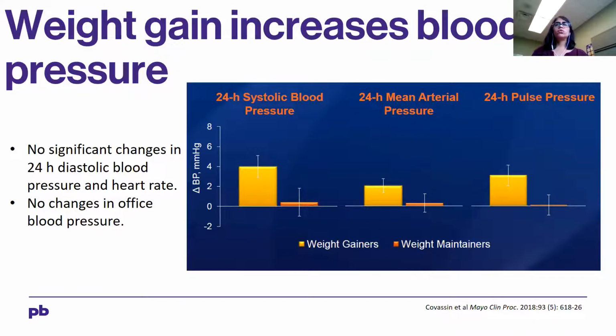Also, there were no changes in the 24-hour diastolic blood pressure or the heart rate, or changes in the office blood pressure. So the weight gain, even a modest amount of weight gain, had a detrimental effect on the cardiovascular system, as shown by the vascular dysfunction and increases in blood pressure.